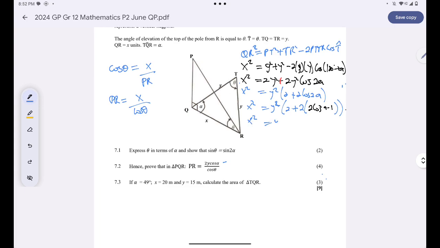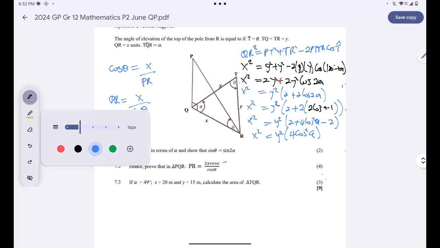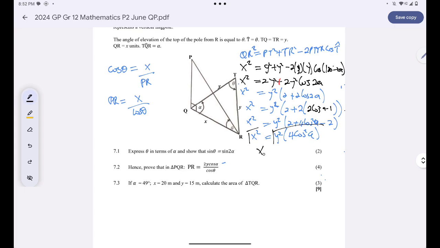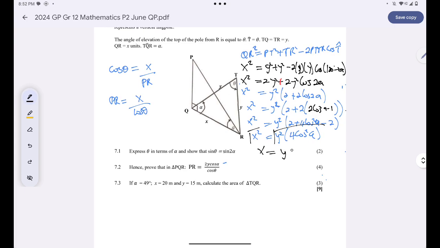Still have x squared, the y squared is there, 2 plus 4 cos squared a minus 2. The 2's will subtract one another, will have 4 cos squared a. Then I can take the square root both sides. Then x will be equal to y. The square root of 4 will be 2.